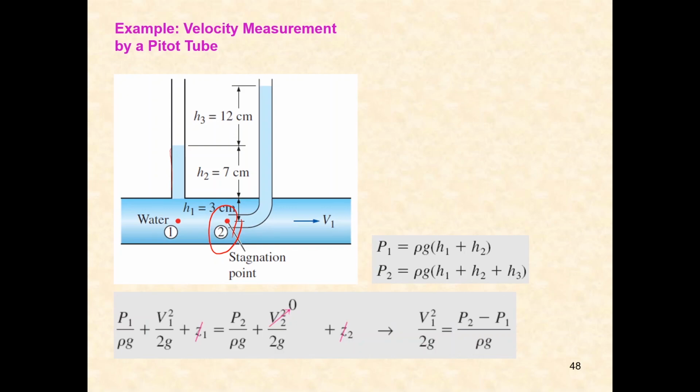So for this calculation, P2 is the stagnation pressure, and it is equal to the static pressure plus the dynamic pressure at 1. So by just rearranging this, we can find the velocity along this pipe, or V1. Okay, so by finding the difference between the stagnation pressure and the static pressure, we can find V1.